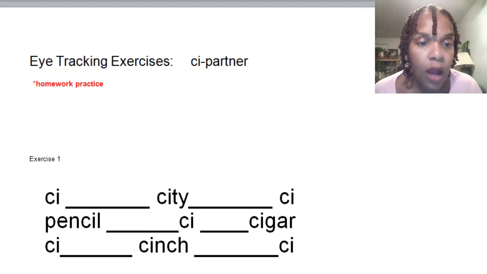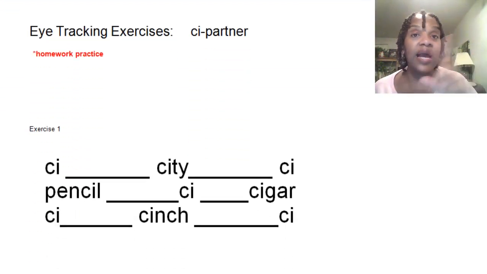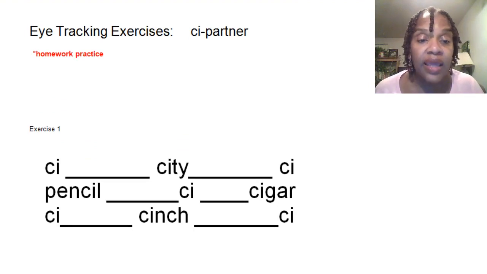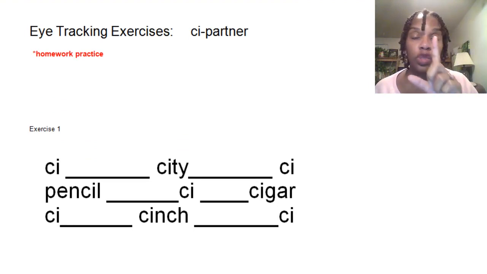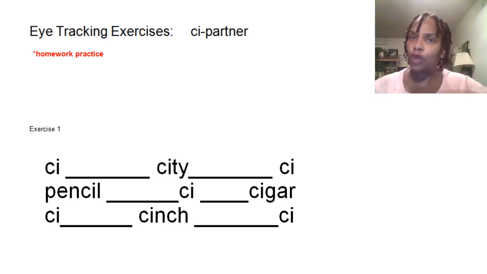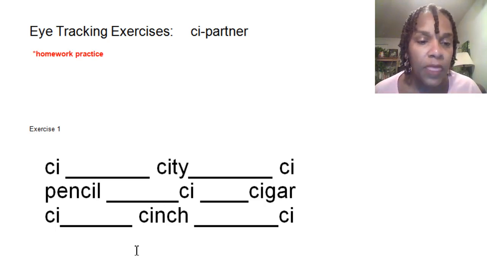All right. Homework. So this is the eye tracking exercise. When you do your homework, you're going to use your eyes only to track. You're going to work the eye muscles, get those eyes all fit so that you can read longer stories, all right? So let's do it together. Ready? Go.